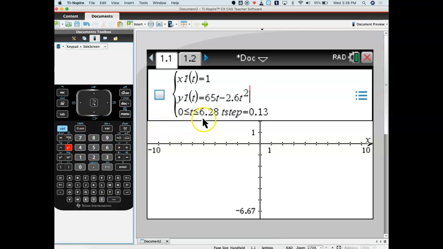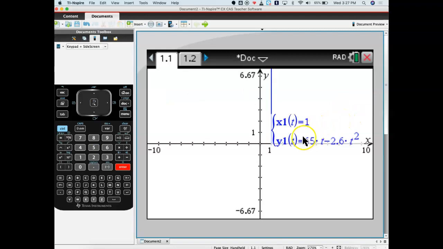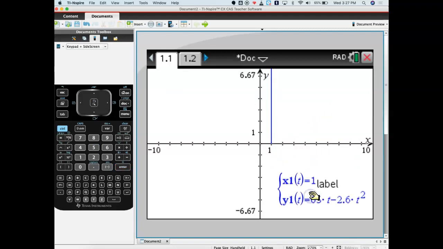And what I want to do is change my time to match the time the ball was in the air. It went from 0 to 25 seconds. And I'm going to make each step a half of a second. So when I graph this, I have to change my window like it says over there on the side.